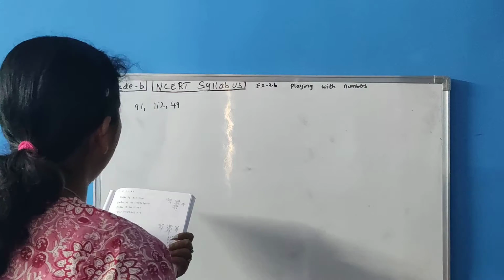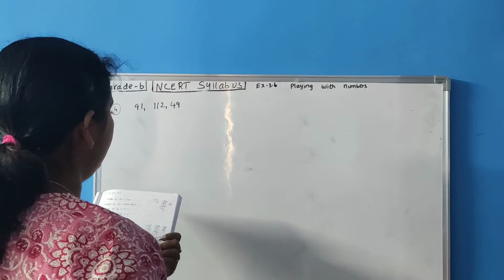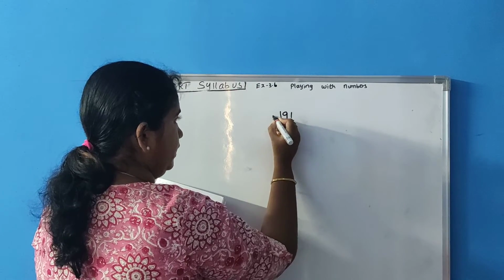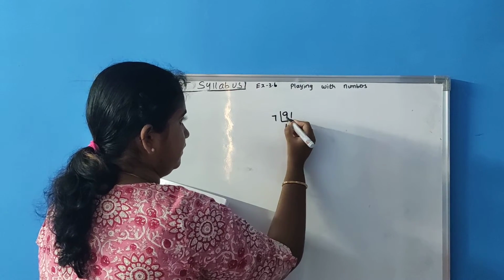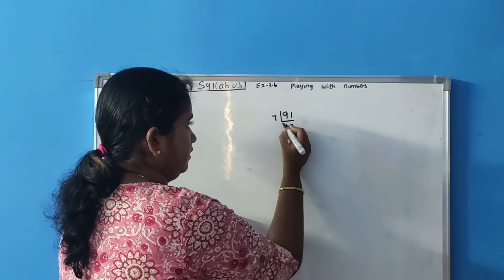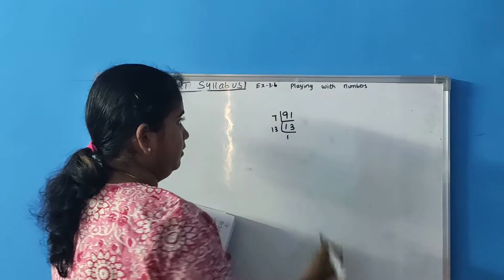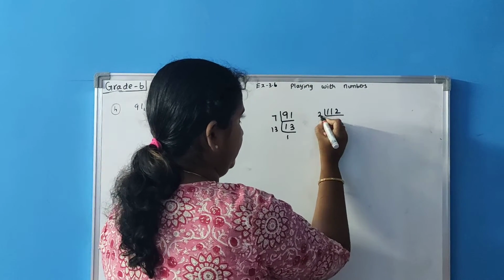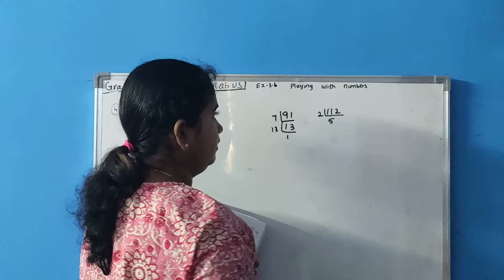91, 112, 49. First 91. 91, you take 7 table. 1 7s are 7. 3 7s are 21. So 13. Okay. Now 112. It will go in 2 table. 5 2s are 10.